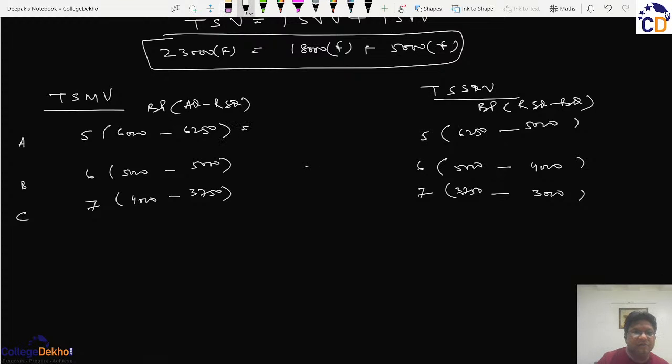So you will see here that that will be 7,250, which looks to be adverse. This will be nil, and this, if I use a calculator, should be 1,750 favorable, and it nets out to be 5,500.